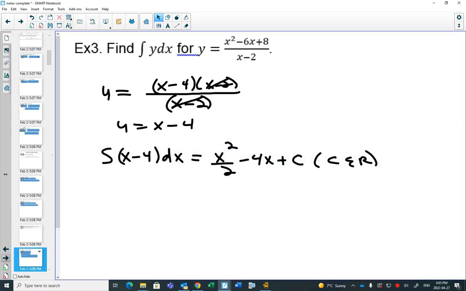So if we want to find the integral, add 1 to the exponent and divide, it works out nicely.